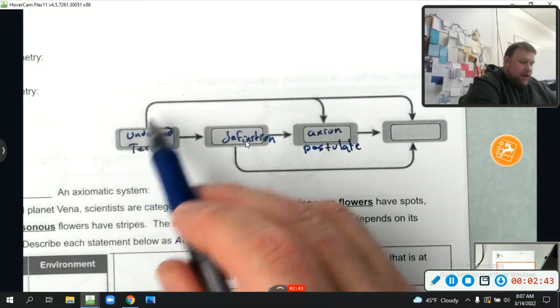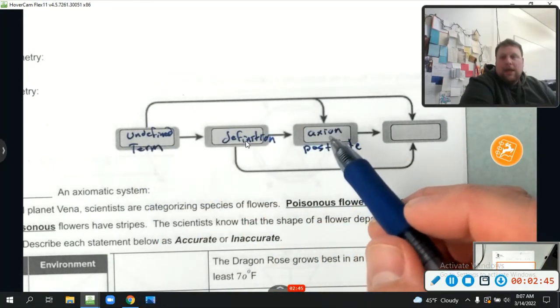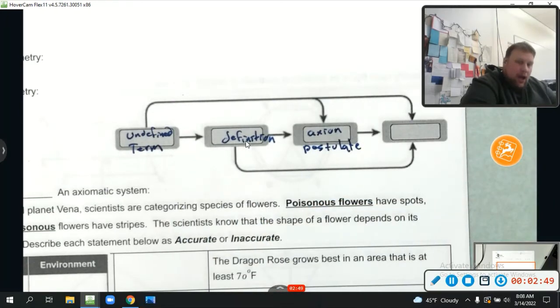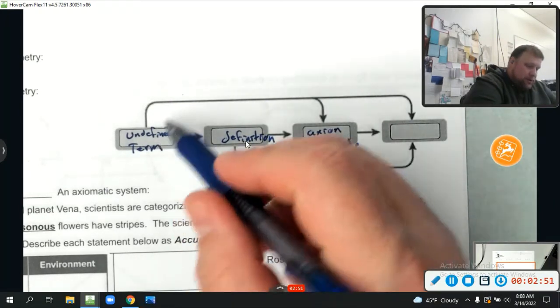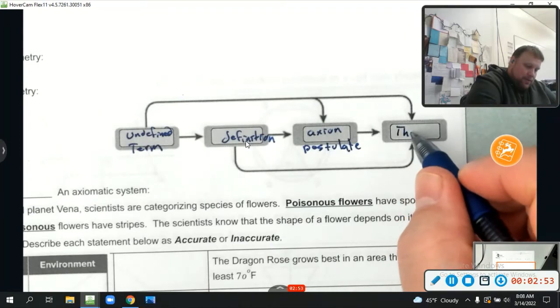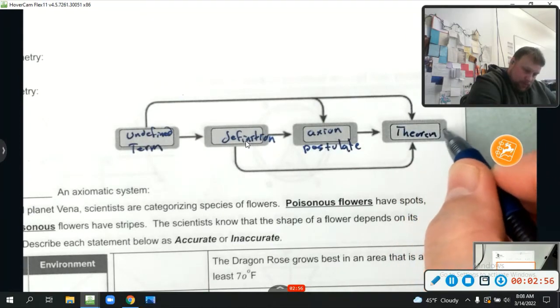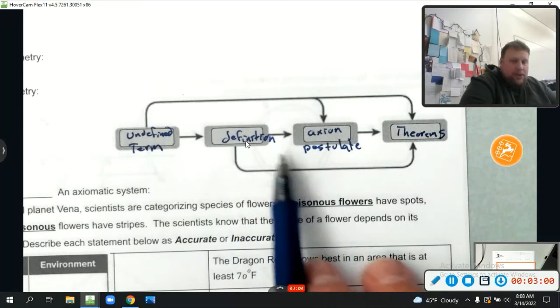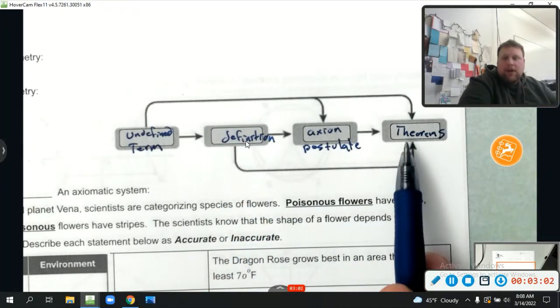So we use undefined terms to help give our axioms or postulates. We use undefined terms to help fill in the definitions. We also use undefined terms to help us prove theorems. You'll notice in this flowchart, sometimes we go from a definition to a theorem. Just from the definition of something, we can make theorems about it.